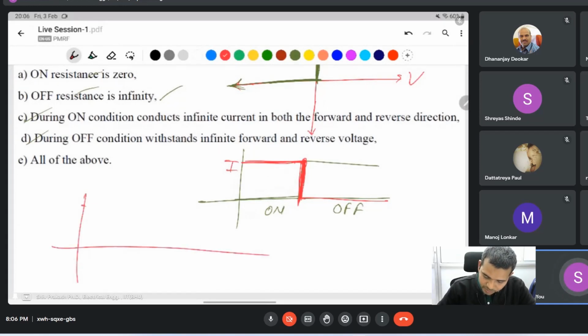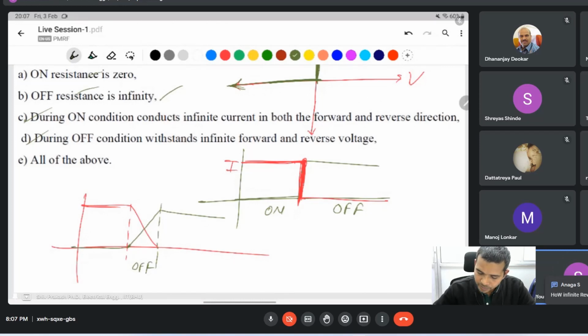In practical cases, you know about this, there are on and off durations. This is the off duration, and this is the on duration in practical cases.